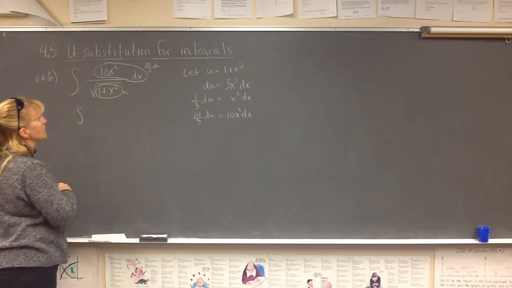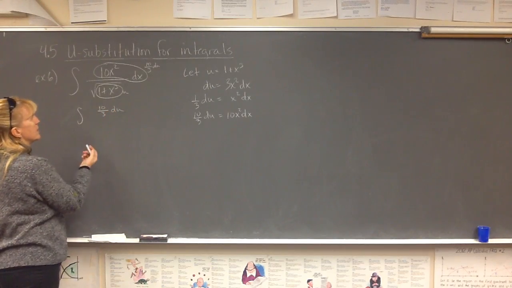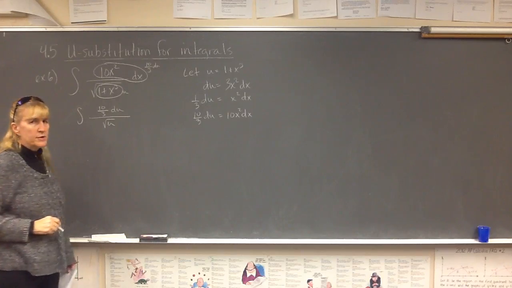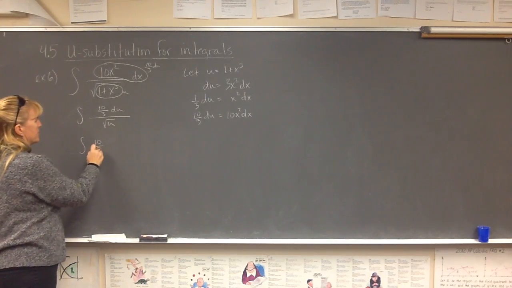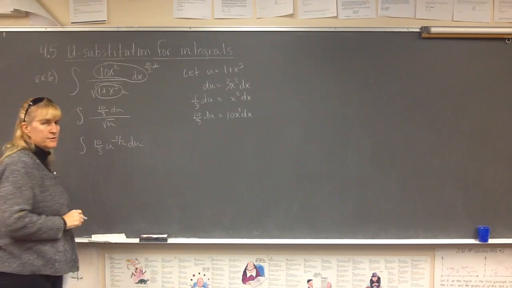This is now the integral of, and I'm just going to put 10/3 du on my numerator, even though I'm going to clean this up in just a minute, over the square root of u. So, I'm going to turn this into 10/3 u to the negative 1/2 du.